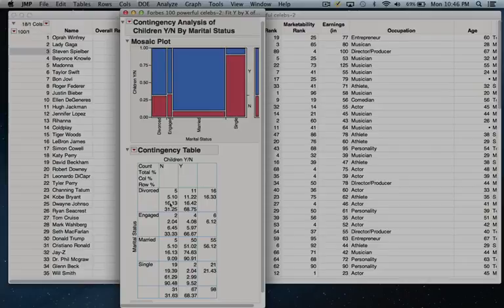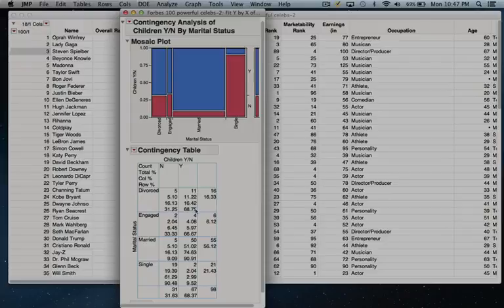So we divide 11 by 67, and we get 16.4%. And then if we look at the row, which is this way, we divide this number right here by 16. So 5 over 16 gives us about 31% of celebrities. And then if we look at 11 over 16, that rounds up to about 69% of celebrities.